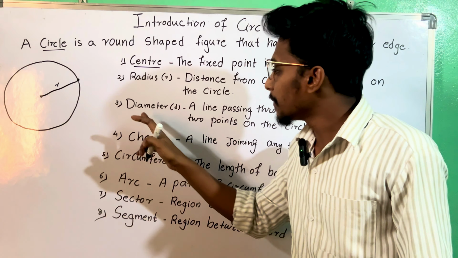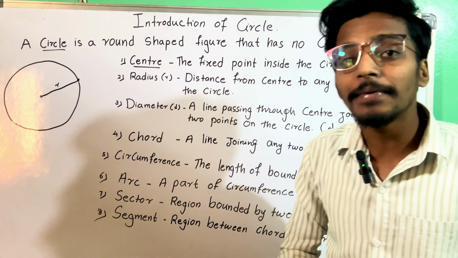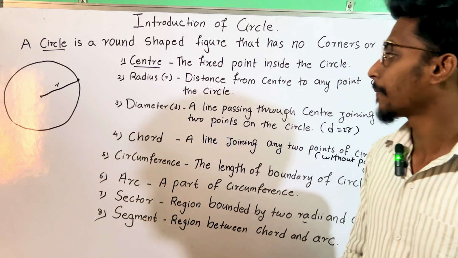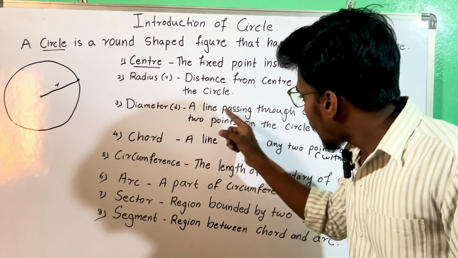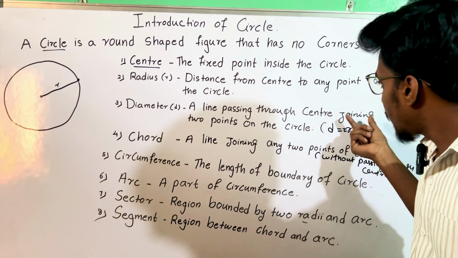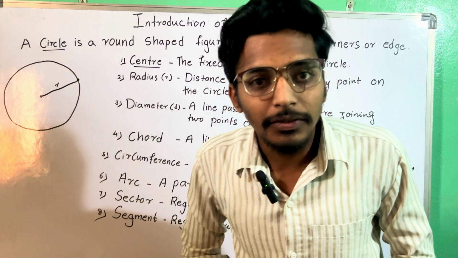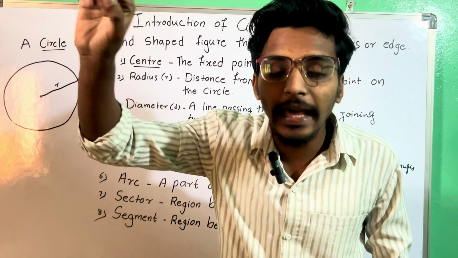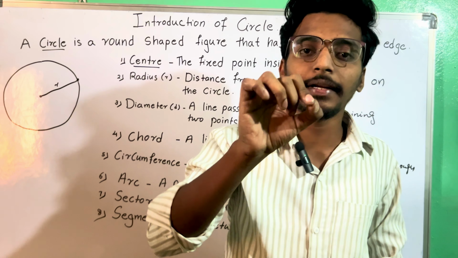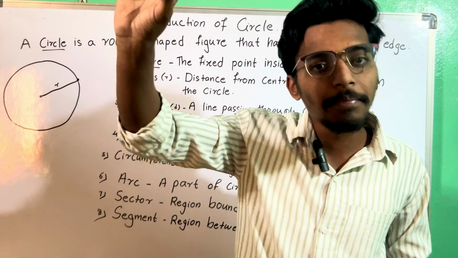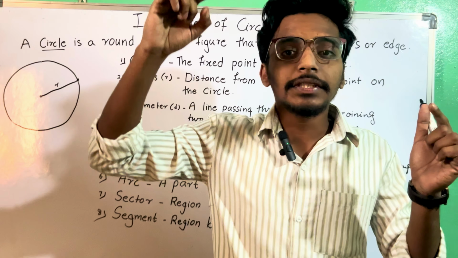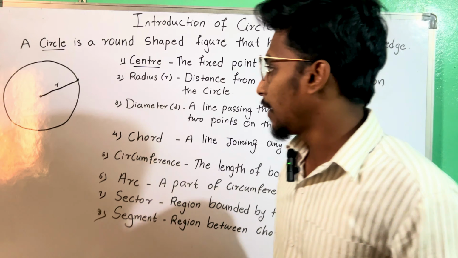The next term is diameter and which is represented by small d. A line passing through center joining 2 points on the circle. Diameter is a straight line which is passing through the center. That line must pass through the center and connect 2 points on the circle.